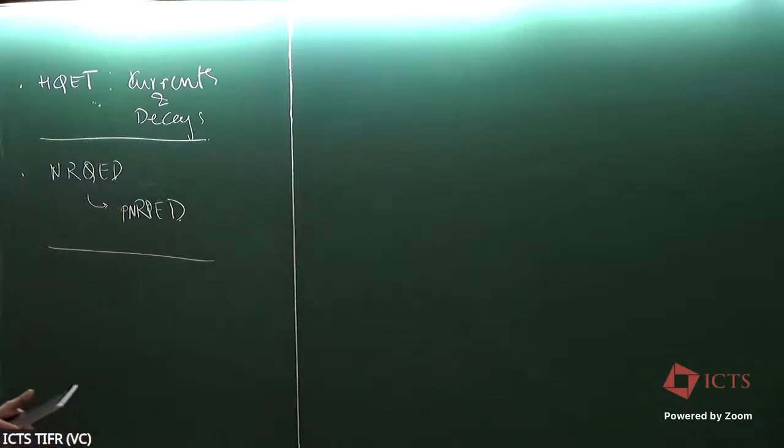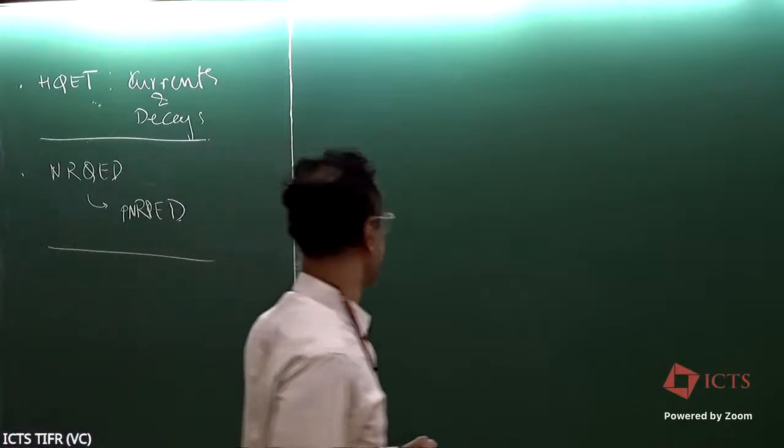Another important property that's studied using HQET in these systems is the decays, the weak decays, and these are related to currents in the theory. So we've looked at the Lagrangian so far, but we have not looked at currents in this theory.